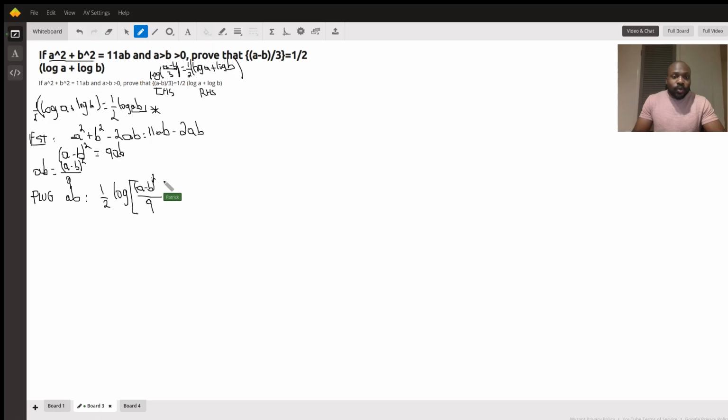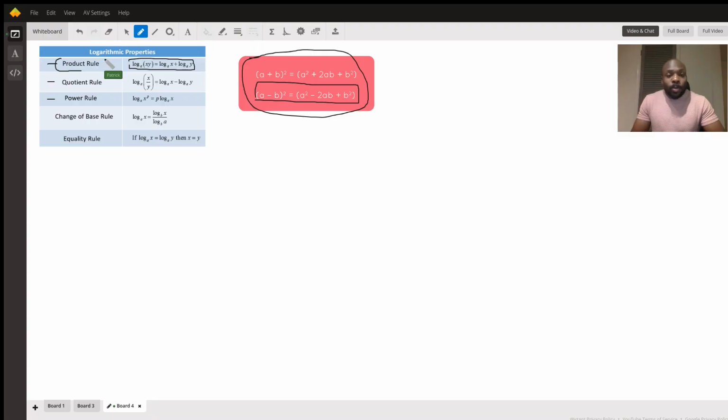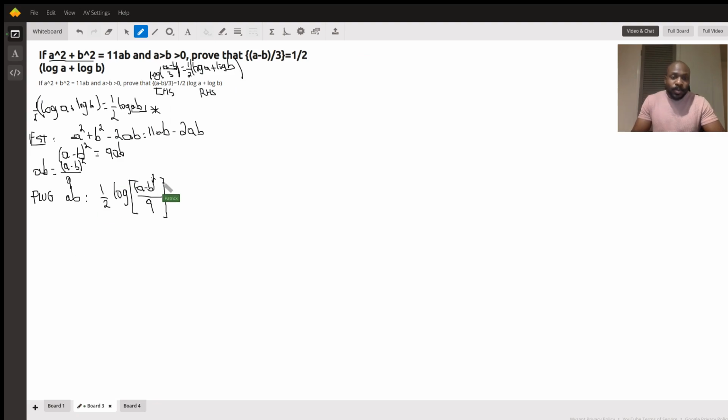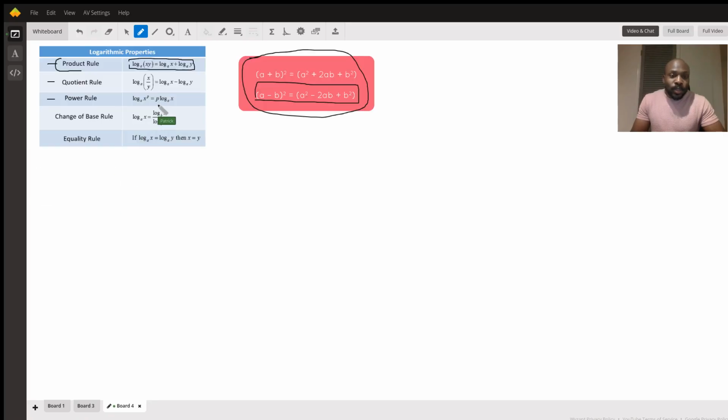And now the cool part begins. We're going to have to use a couple more log properties, specifically the power rule and the quotient rule. If you notice, the 1/2 is like an exponent.